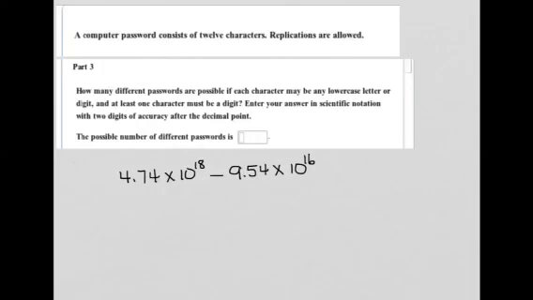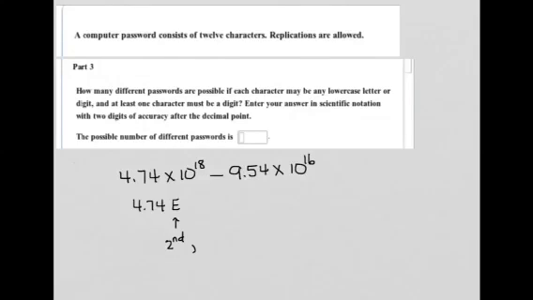This is a little difficult to enter into the calculator, so I'm going to show you an alternate way. But if you really want to enter it into the calculator just like this, you're going to type in the 4.74 and then E, and the way you get the E is by pressing second and the comma. The comma is right above the 7 key.